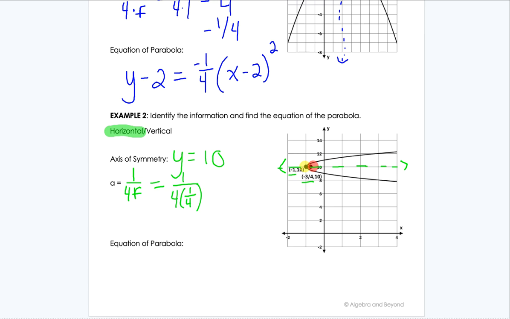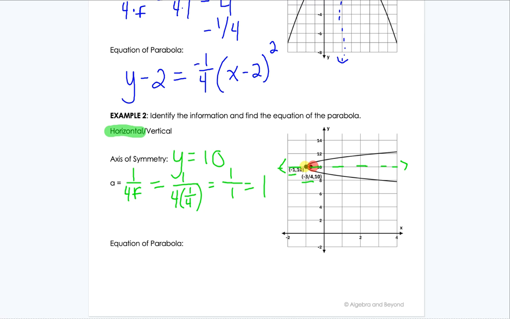My equation would look like 1 over 4 times 1/4, and that would make 1 over 1, which is 1. So my A value is 1, and since this parabola is opening to the right, it stays positive. If it was opening to the left, I would make it negative.